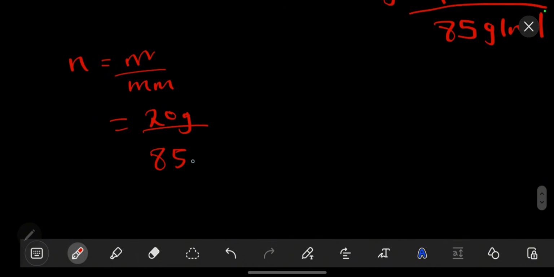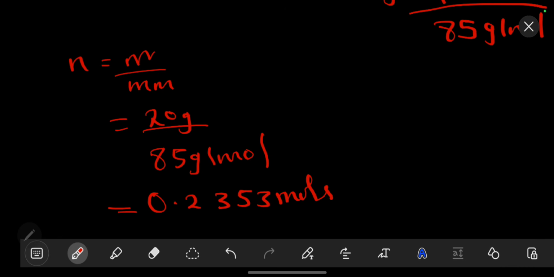Then when we divide 20 by 85, we get a value equivalent to 0.2353 moles. So these are the moles of NaNO3. These are the moles that were used.